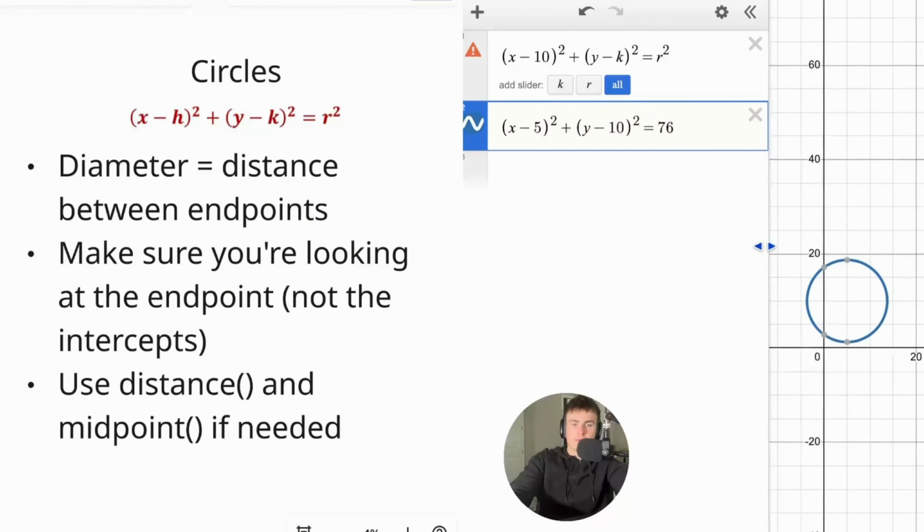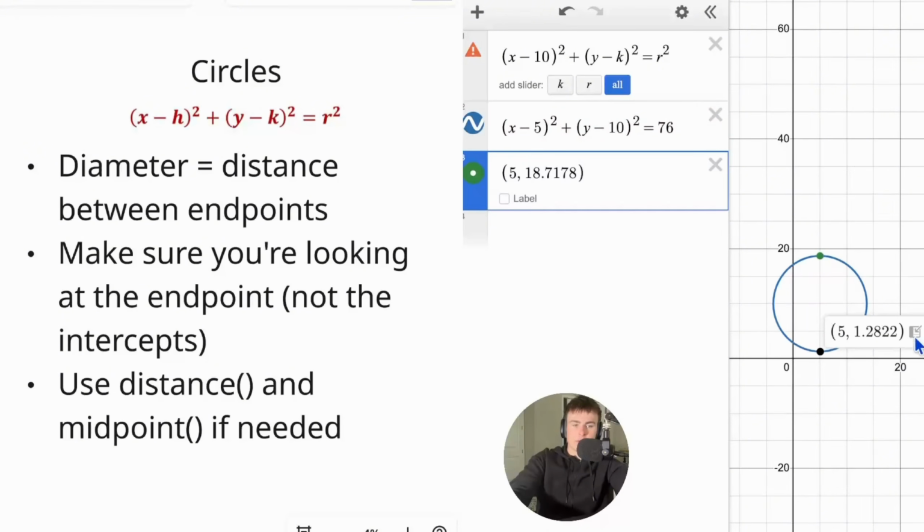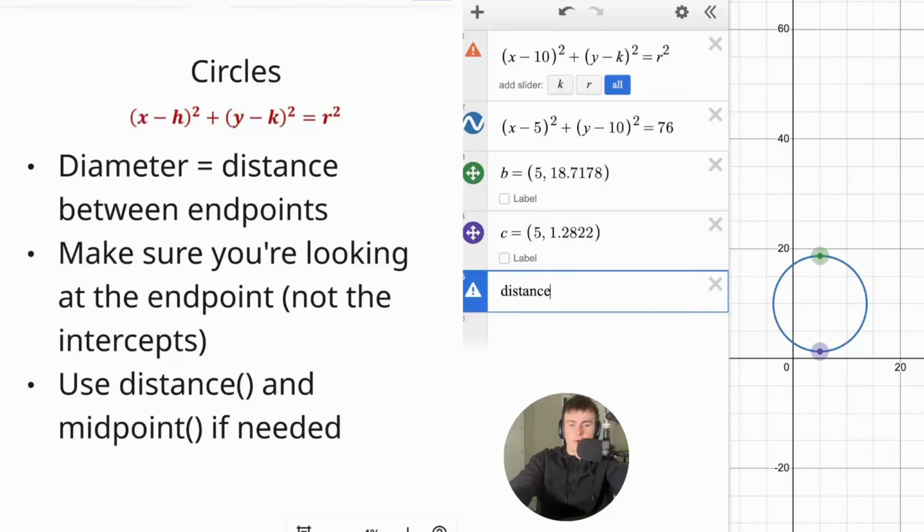And I recommend you use the up and down values. So you just find the distance between these. You just add these as a point and just label it. Like, let's say, I don't know, this is B and this is C. And then just do the distance function I said before. Or just do distance between A and B. So just do, I don't know, B comma C, whatever.